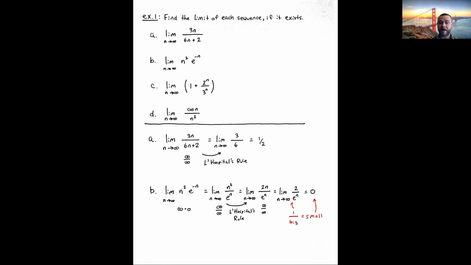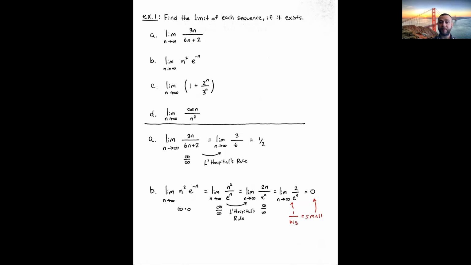and then it's a matter of applying L'Hopital's rule twice. So apply L'Hopital's rule once to get 2n divided by e to the n, and then apply L'Hopital's rule again, since you still have an indeterminate form, infinity over infinity.